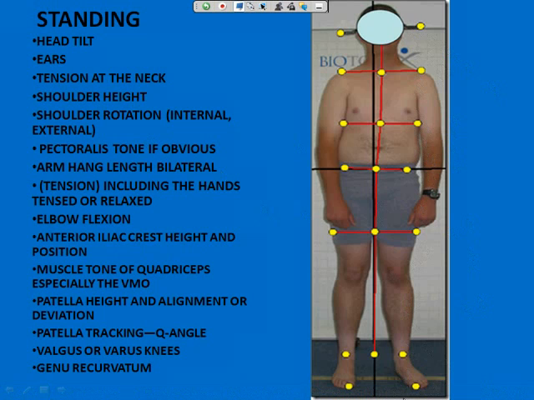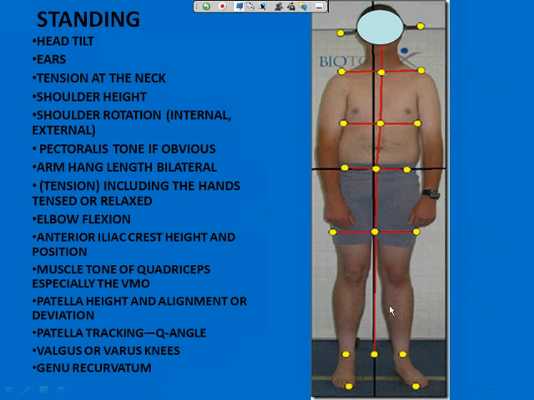Now, if that foot is abducted away from the midline, can you see how the right arm comes across in front, and that a lot of times you see the tension on the right side in the bicep and in the forearm itself? That's a compensation of trying to tighten up the right side to keep you more stable, to keep you from falling laterally.